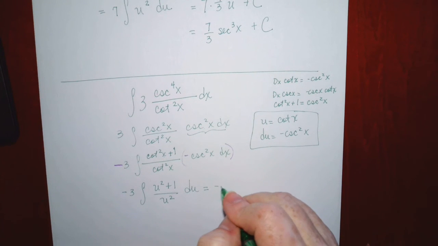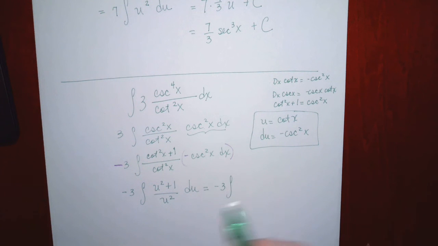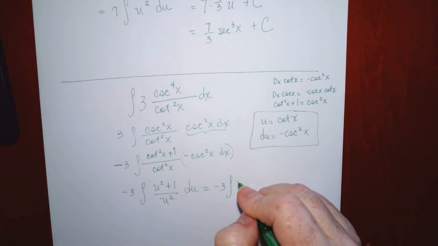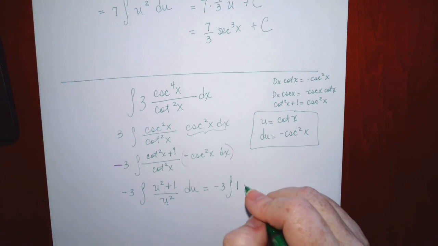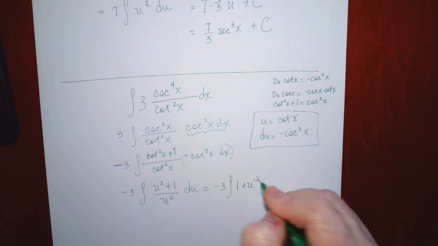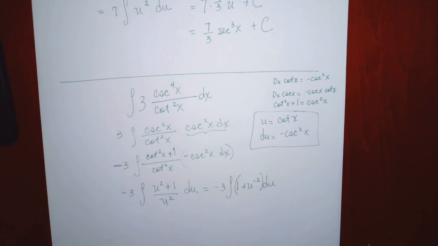And that would be negative 3 times the integral of u squared over u squared is 1, and 1 over u squared is u to the minus 2 du. Any questions up to this point?